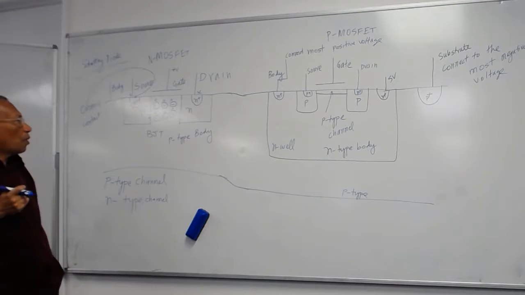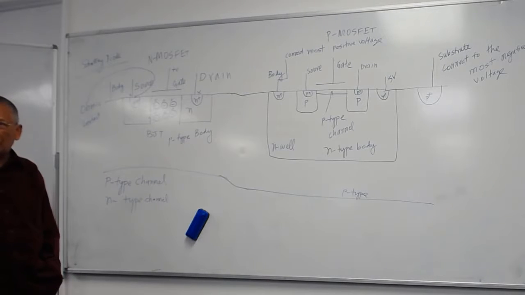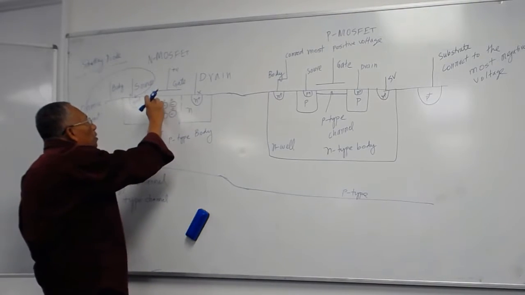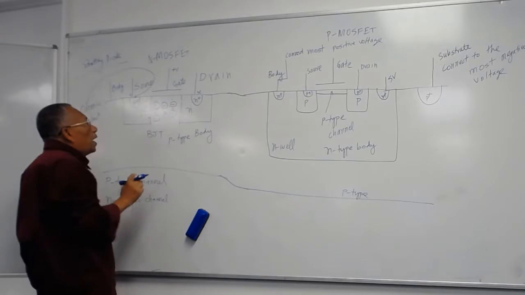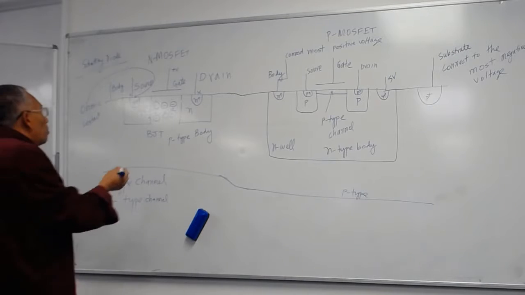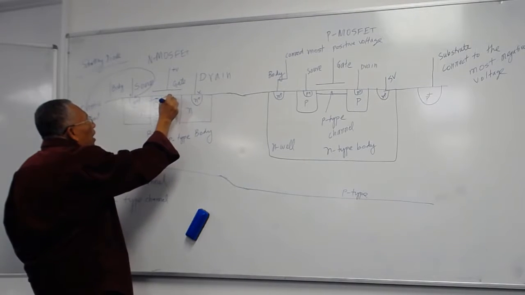Holes will be driven out, but can you drive out these negative ions? They are fixed in the lattice, so you can't drive them out. So you apply positive voltage, the holes will go away, and if you apply large enough positive voltage, you will attract electrons principally from the source. Electrons will come here, so you will have a thin layer of electrons here.